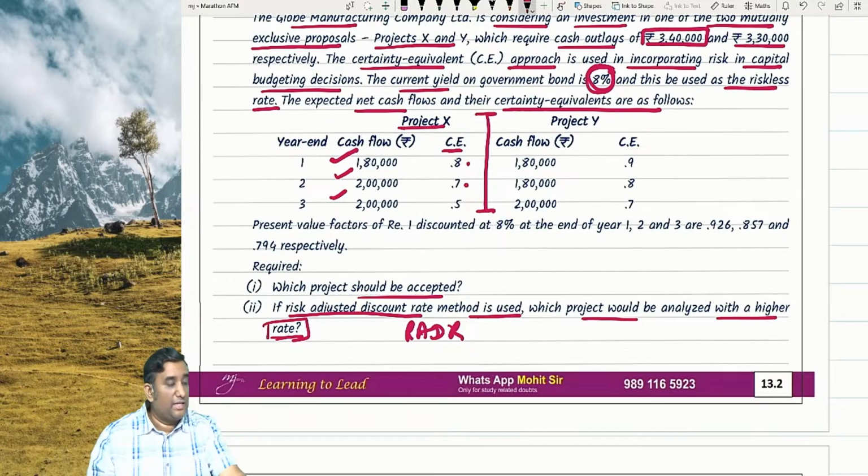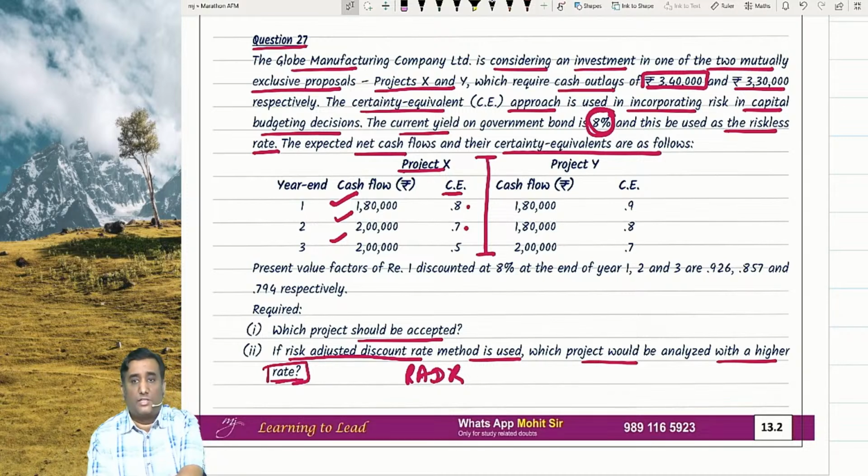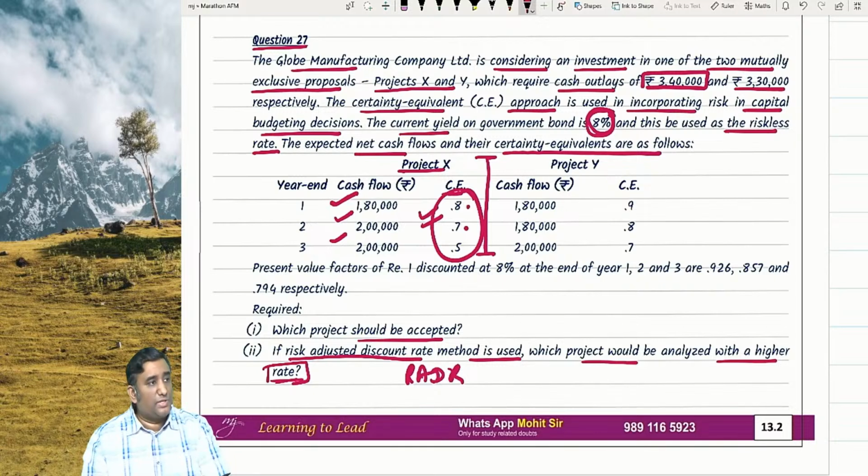Higher rate means higher risk, so you will apply it to the higher risk project. The higher risk project is the one in which CE is lower. You see which project CE is lower? X is lower, and it cannot be used interchangeably. CE is lower here, that means the risk is more in this project, and if either of the two projects were analyzed using a higher RADR, the higher RADR would have been for project X. Is it fine?